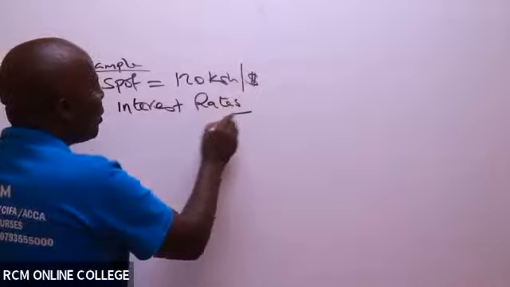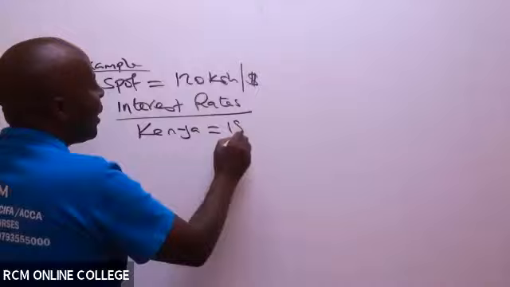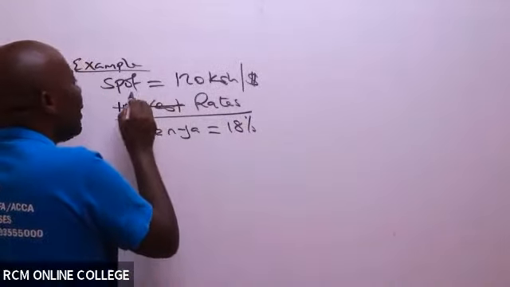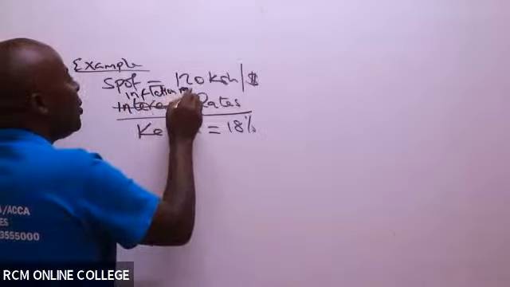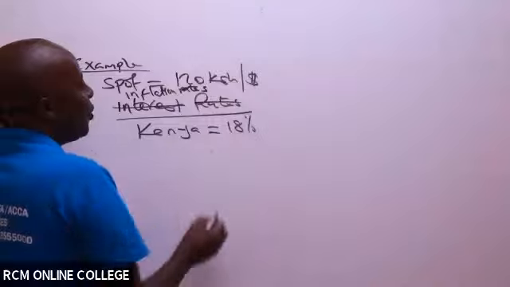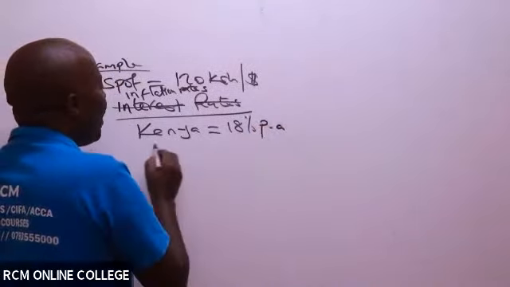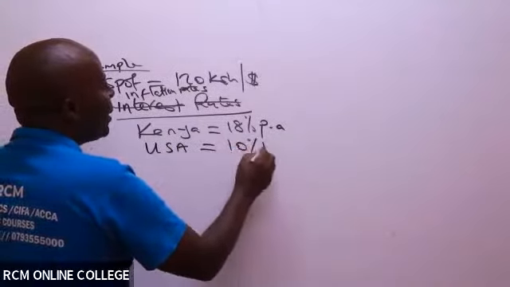Not interest rate, but inflation, sorry for that. Inflation rates. Here we are looking at purchasing power. So Kenya is 18% per annum, and then we have USA, which is 10% per annum.